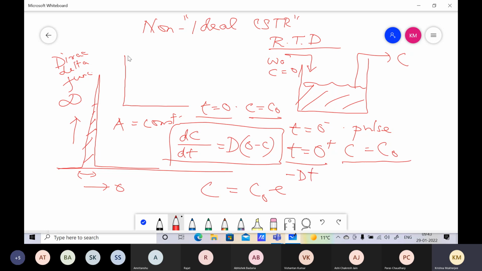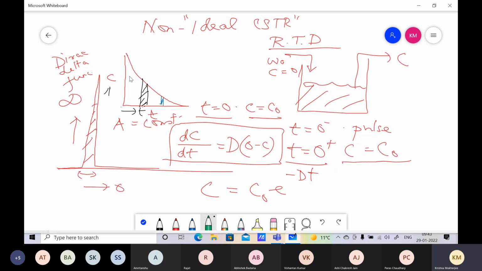This is the graph that you obtain, and this is also the residence time distribution, c versus t. Because all these particles got added at time t equal to 0, the fraction of particles which reside for this much time is this area here, and for this much time is this area here.